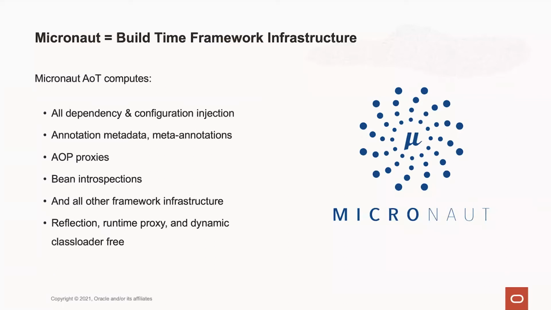Doing stuff at runtime can negatively affect memory usage and also startup time. So they use reflection, runtime bytecode generation, runtime proxy generation, dynamic class loading. That can be expensive. So doing work at compile time has huge benefits.